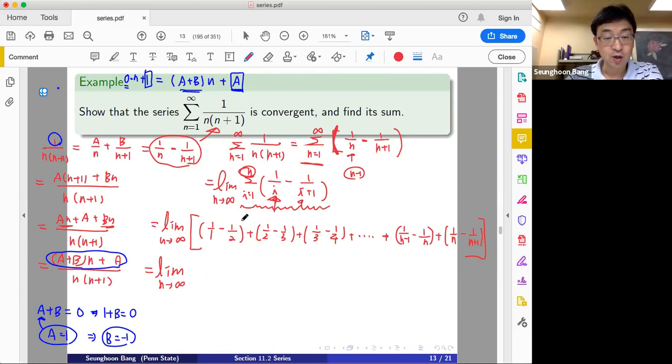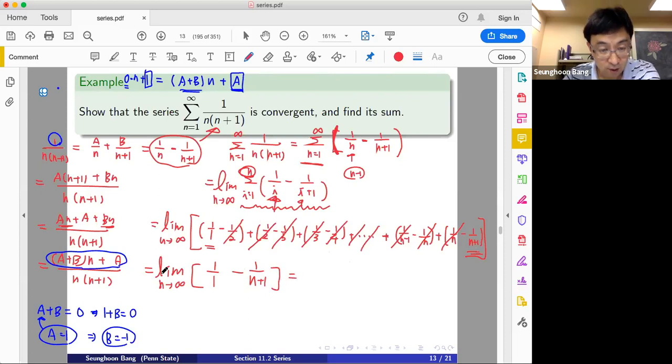So what happens? 1 over 2 is cancelled, 1 over 3 is cancelled, 1 over 4 is cancelled by the previous one, and 1 over n is cancelled. We have remaining terms 1 over 1 minus 1 over n plus 1.